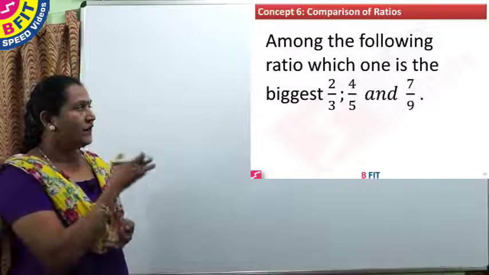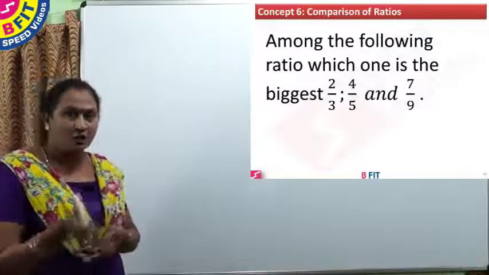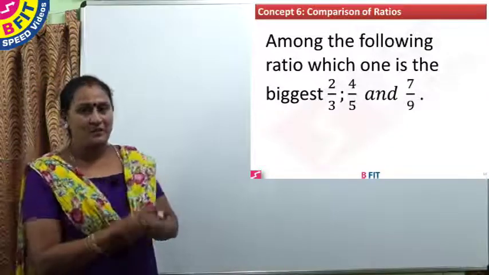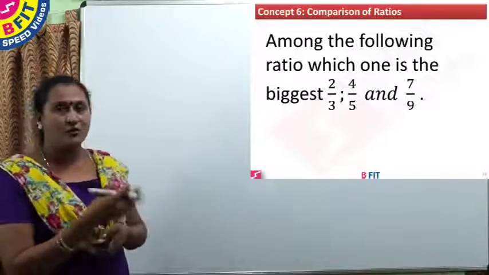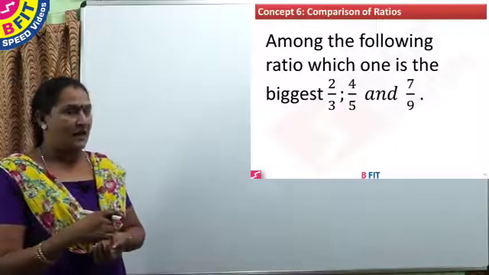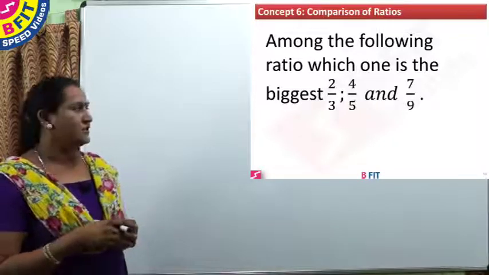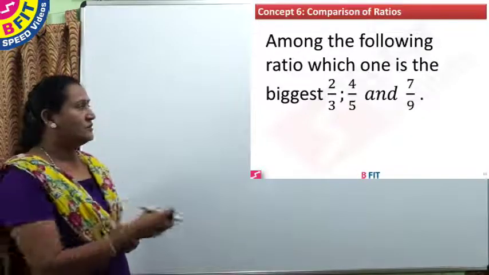So instead of finding LCM for this 3, 5 and 9, that is 45, making the denominator same and working out, you can use the same cross multiplication concept to find the biggest. To find the biggest out of 3, you can take just 2 at a time, and if biggest is asked, you can proceed on with the biggest fraction. If the smallest fraction is asked, you can proceed on with the smallest fraction. So we'll see the working.